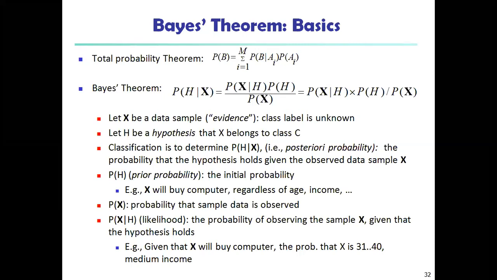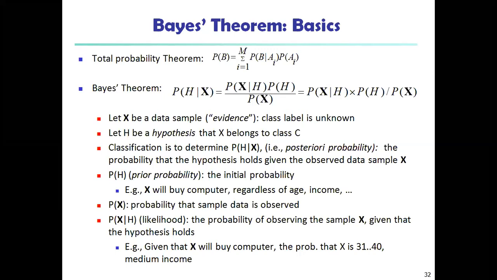Posteriori probability: the probability that the hypothesis holds given the observed data sample X. So here you have to see the prior probability. The initial probability, X will buy a computer, regardless of age, income.